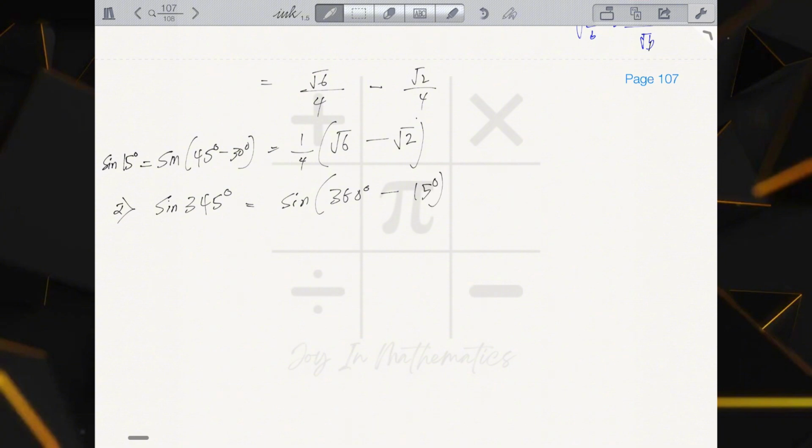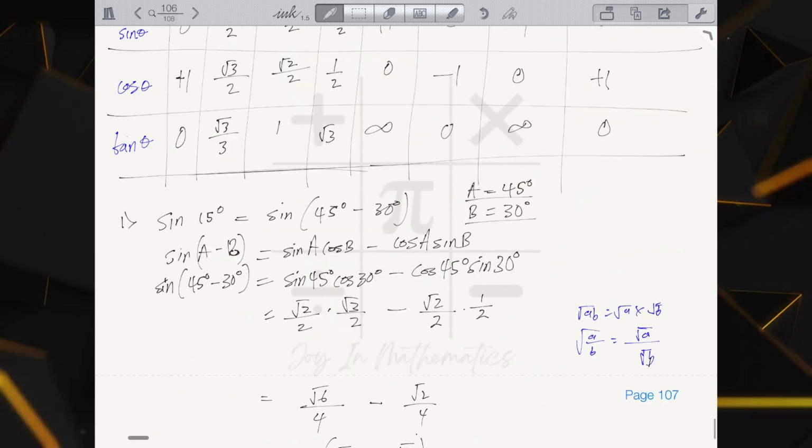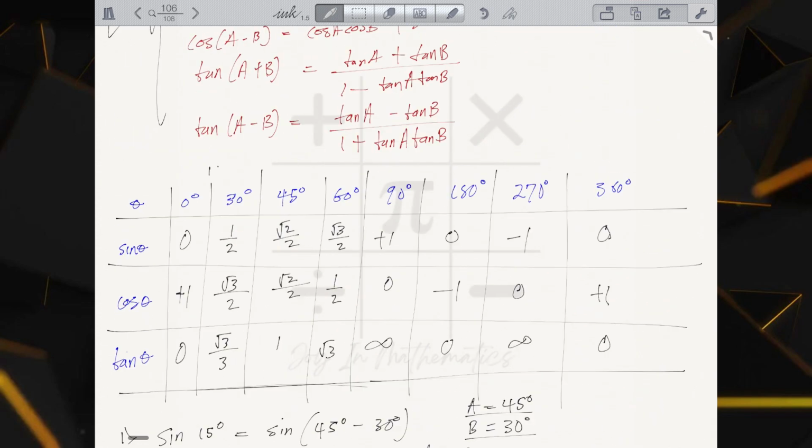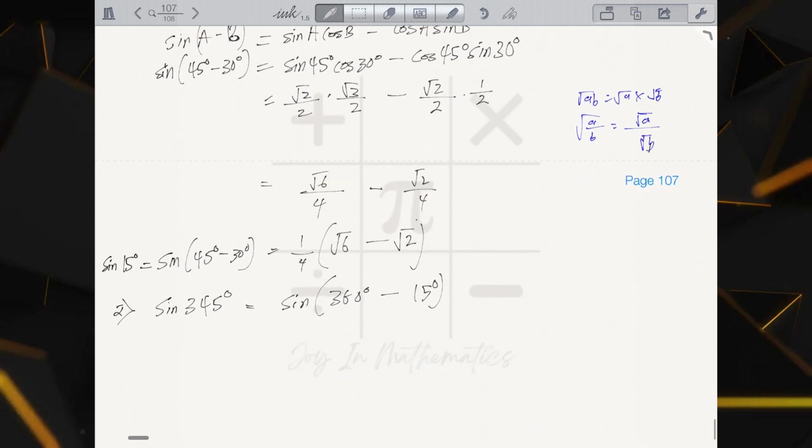Though we do not have a special angle for 15 degrees here, we have already evaluated sine 15 degrees.